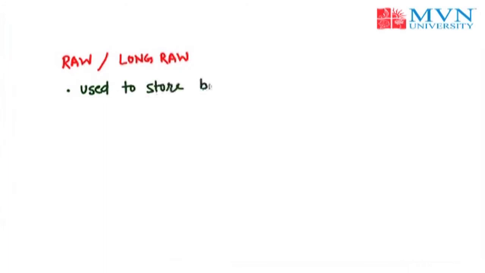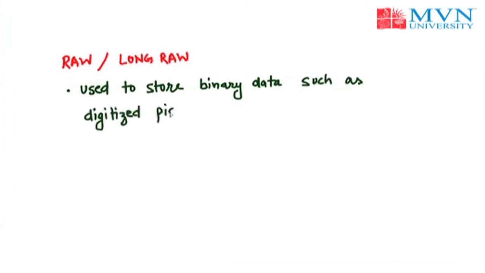Next data type is RAW or LONG RAW. It is used to store binary data such as a digitized picture or image.